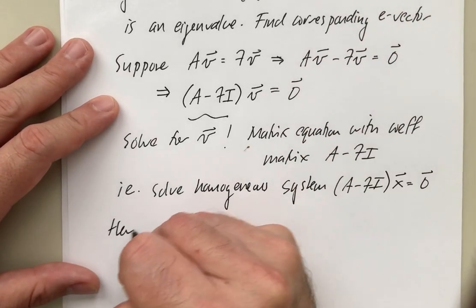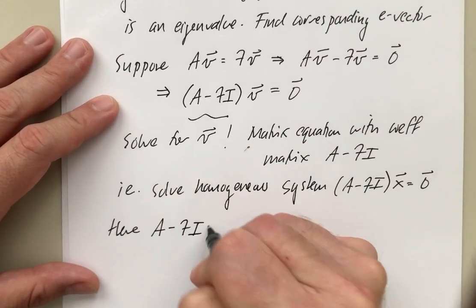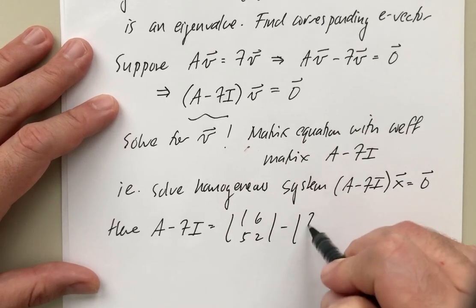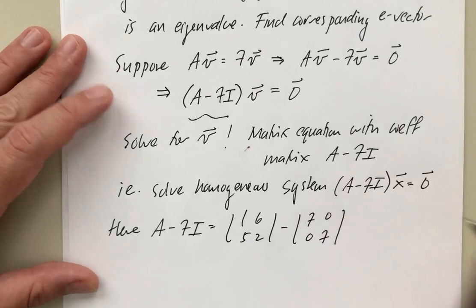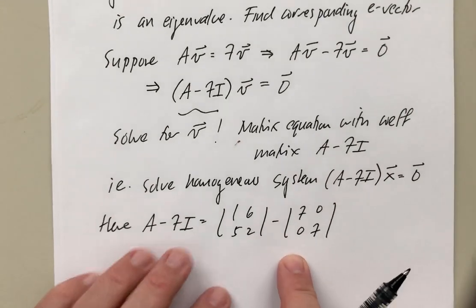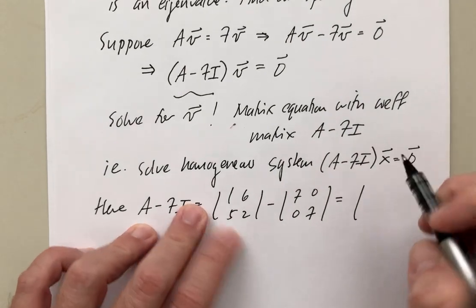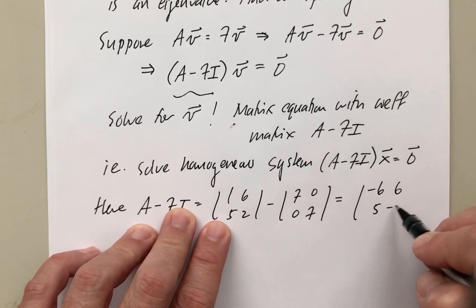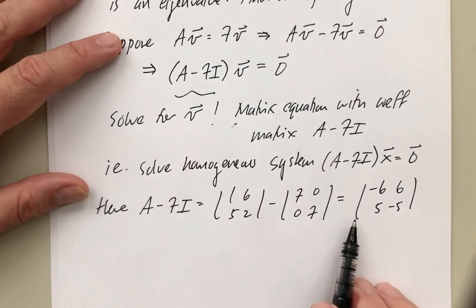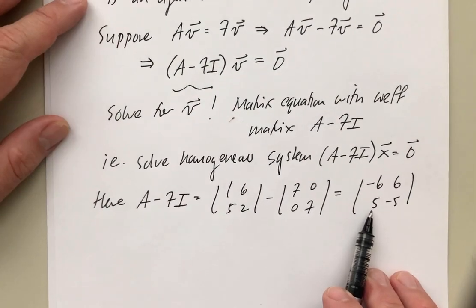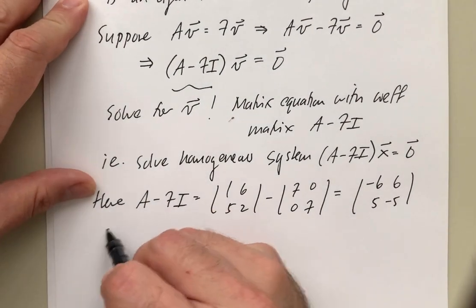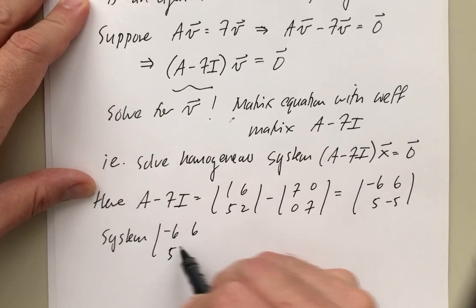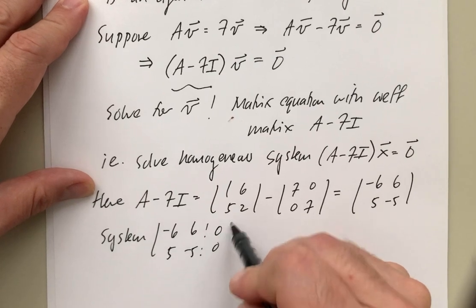So A minus 7I means I put 7s down the diagonal, taking A minus 7 times the identity, coordinate-wise. This is minus 6, 6, 5, minus 5. Then I want to solve the system where I augment this with the 0 vector: minus 6, 6, 5, minus 5, augmented with 0, 0.